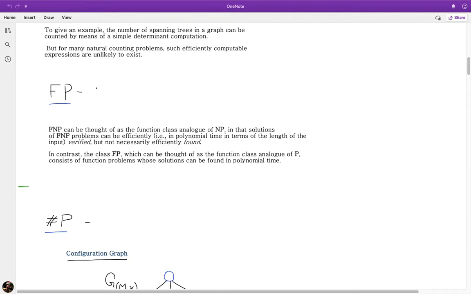FP is another class which is an analog of class P, and which consists of function problems whose solutions can be found in polynomial time. So these are very direct and related in a similar fashion.